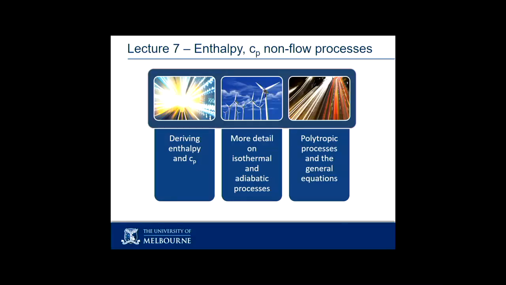So we'll derive enthalpy and CP, and then we're going to have a closer look at two of our important processes, isothermal and adiabatic, and then we will generalize our analysis through to all processes.